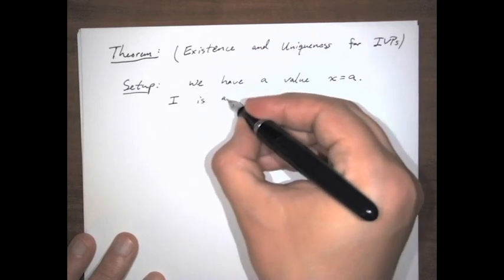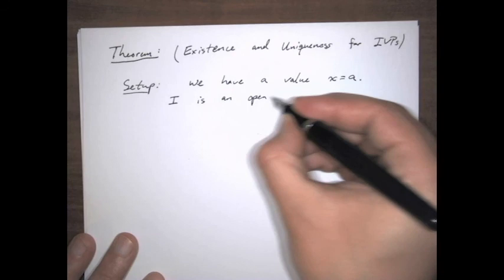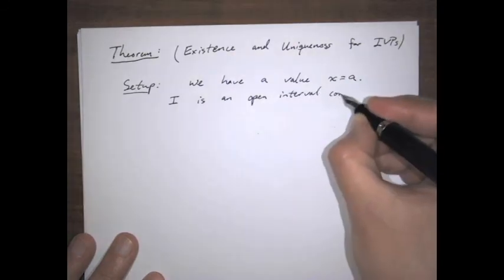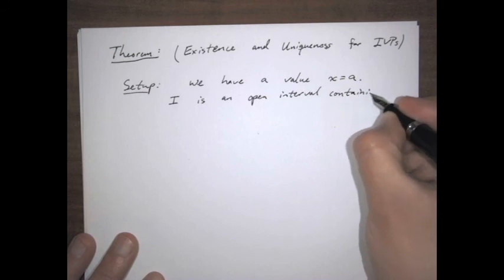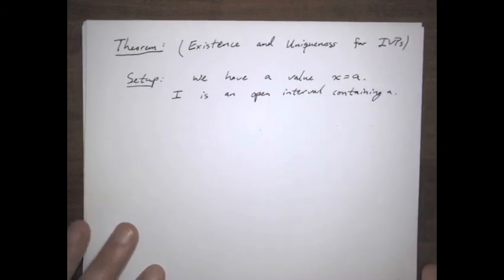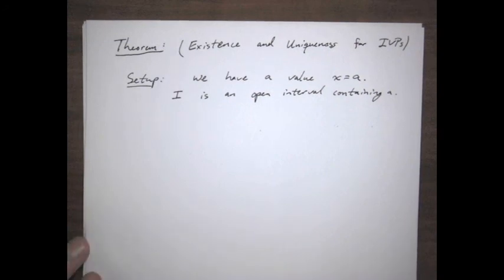I is an open interval containing a. So open interval means the two ends are bounded by strict inequalities, not less than or equal to, just straight up less than.